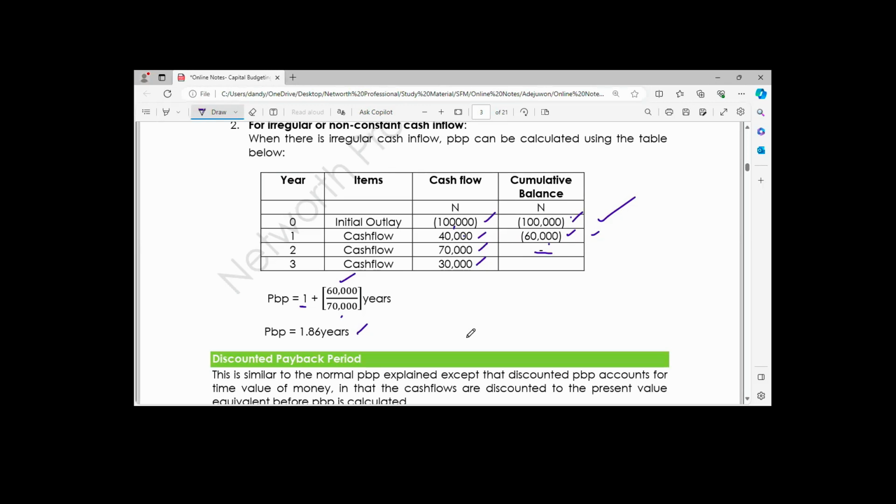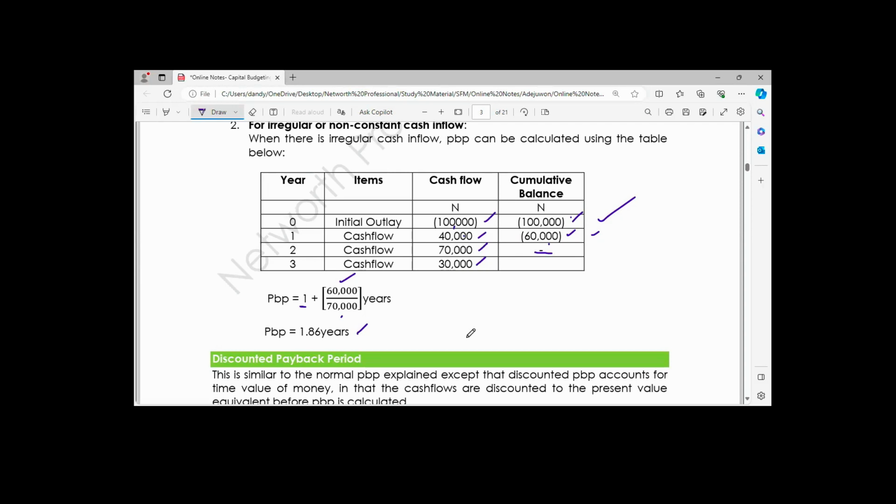Number B, for mutually exclusive projects, accept any project with a shorter payback period, provided it is equal to or shorter than the management predetermined payback period.